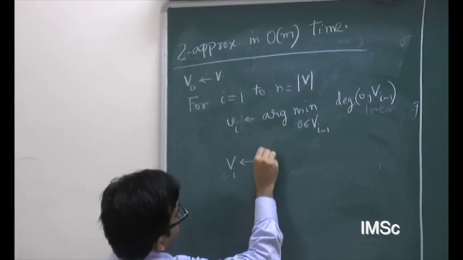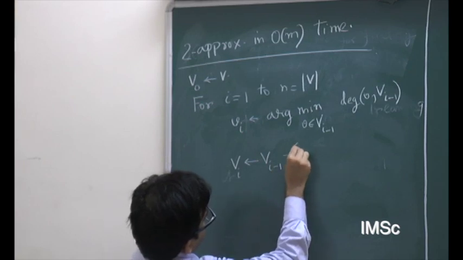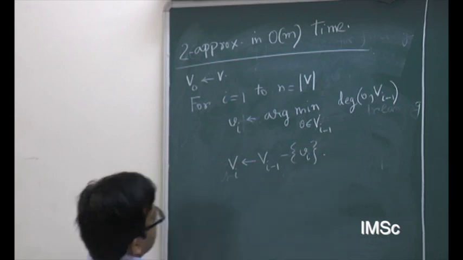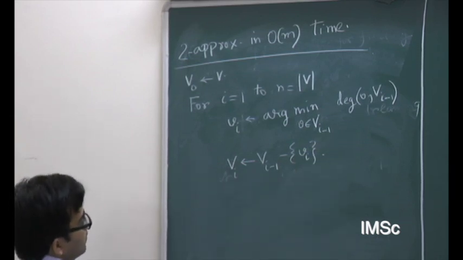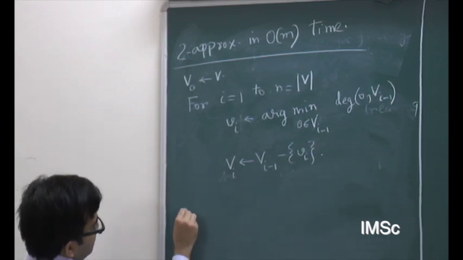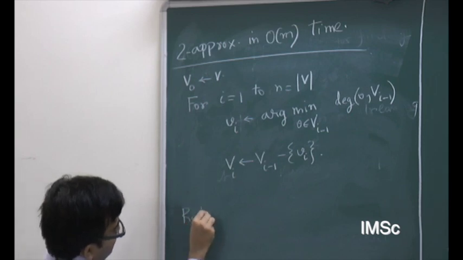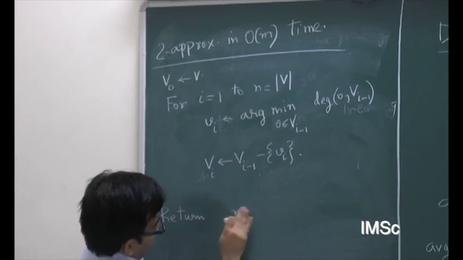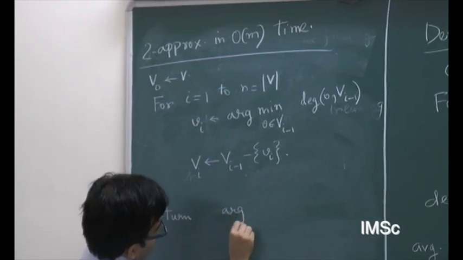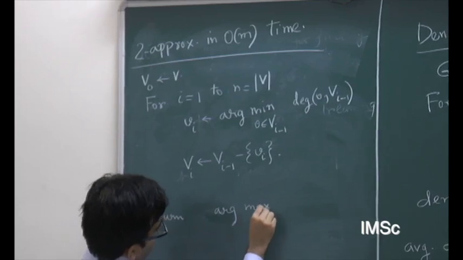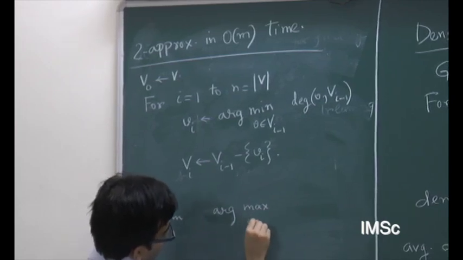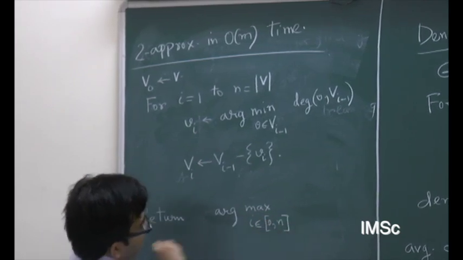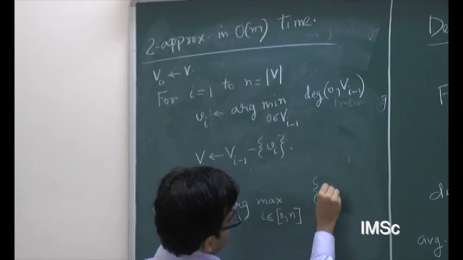Then you just set Vi to be Vi minus 1 minus vi. Finally, return the node set with maximum density.